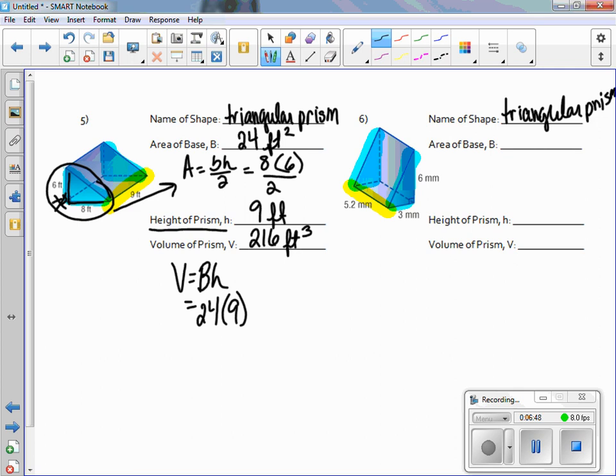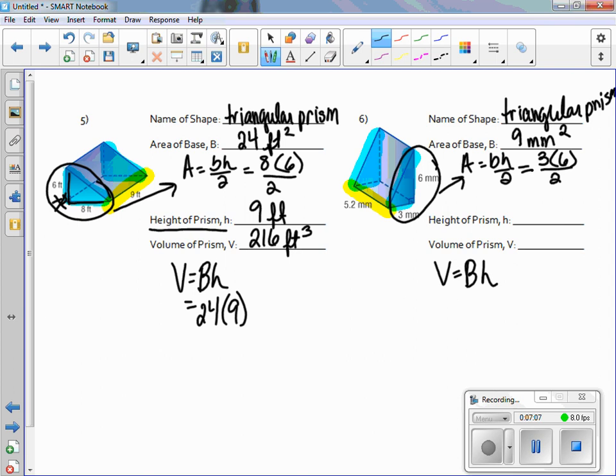So the area of the base, since it's a triangle, is base times height divided by 2. Again, please remember that we're only looking at the triangle when we're finding area of the base. So that's going to be 3 times 6 divided by 2, which is 18 divided by 2, so 9 millimeters squared. The height of my prism is my yellow, 5.2 millimeters.